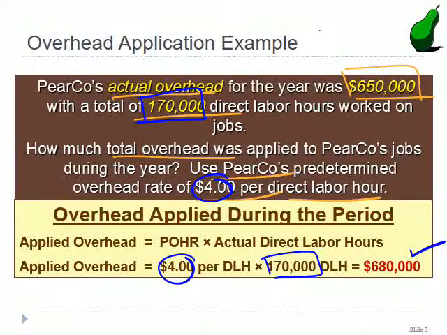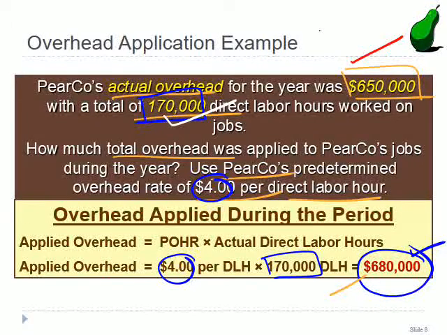So here, can you see the problem? The applied overhead that we applied on the basis of 170,000 direct labor hours is 680,000, but the actual overhead is 650,000.